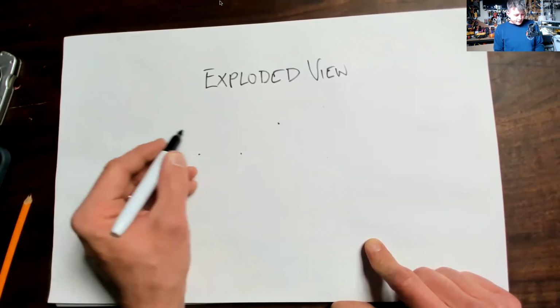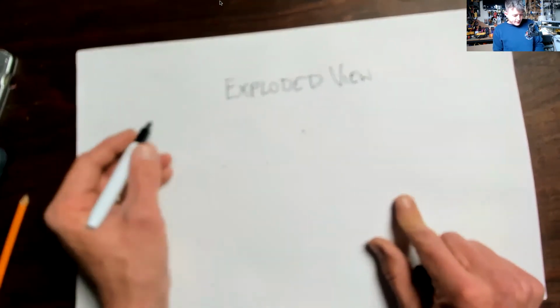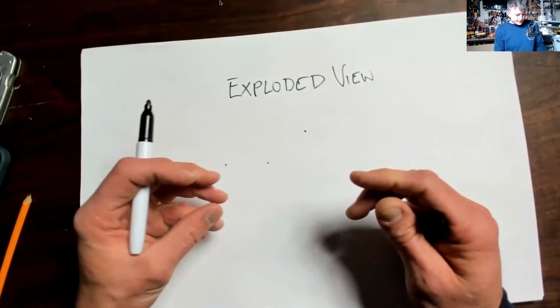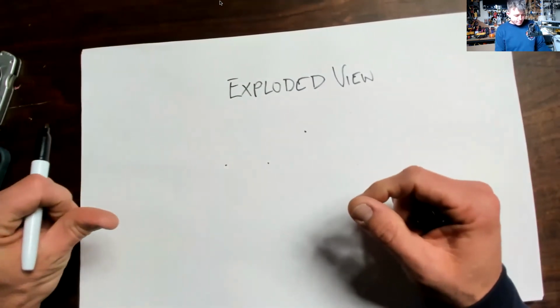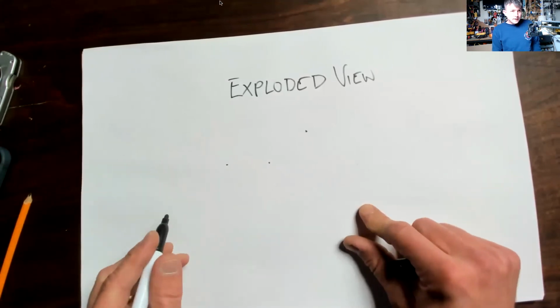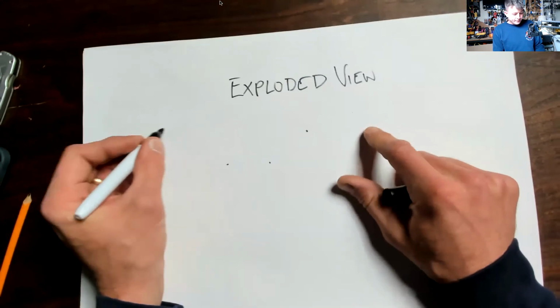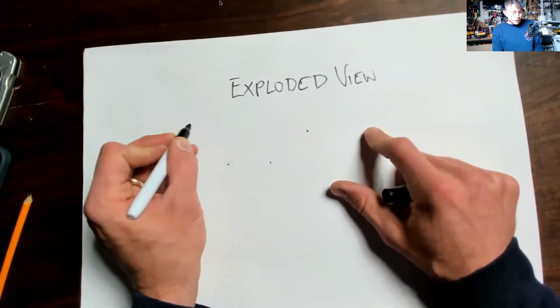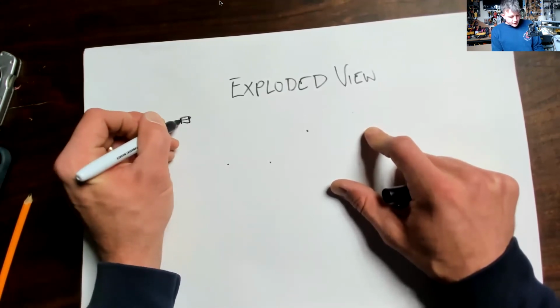And you would imagine, you take an object, let's say this dry erase marker again, and the dry erase marker has the body, it has the cap that goes on the top, it's got this filament inside, it's also got a cap going into the base. And so if I wanted to show how it was assembled and put together, I could draw each piece in isometric on the same center line.